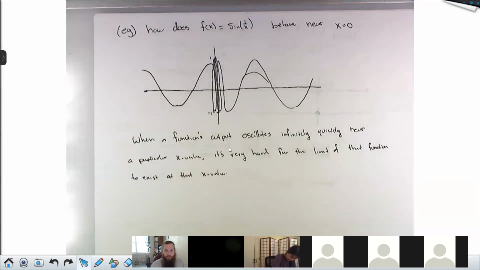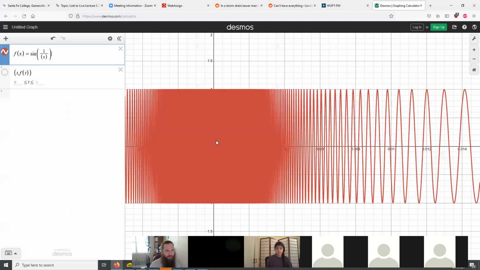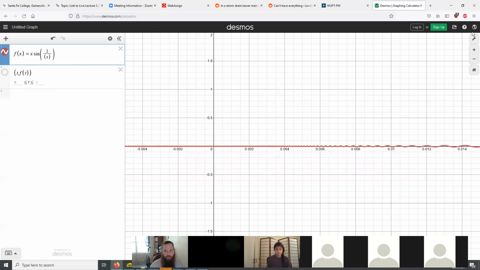And now I'm saying very hard because it's actually not impossible. I can show you an example of a function where this does work. Rescale.